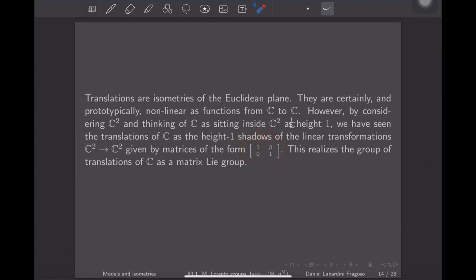So what I'm saying is that the group of translations has a realization as a certain group of matrices. Why is that good? Because I can at least resort to linear algebra whenever I need it.